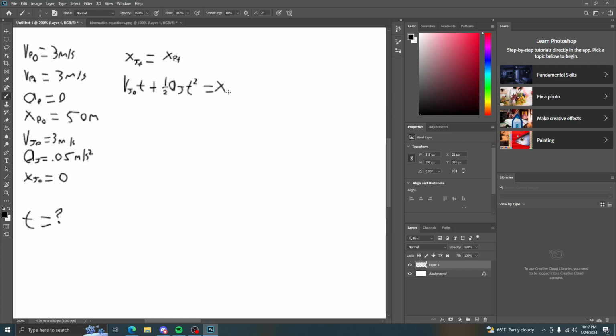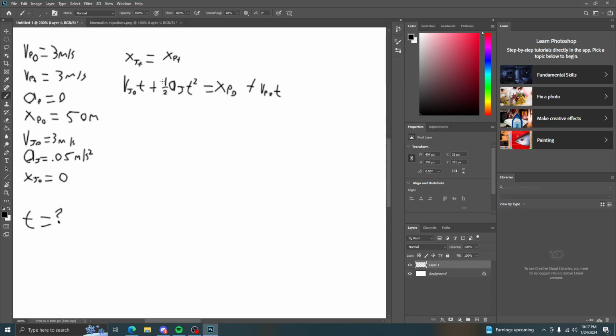It's not 0, so we have to make sure we include that, plus v initial for Pablo times t, and then the acceleration for Pablo is 0, and that would make this whole term 0 because it's being multiplied by acceleration. So we're not going to write it. It's just 0.